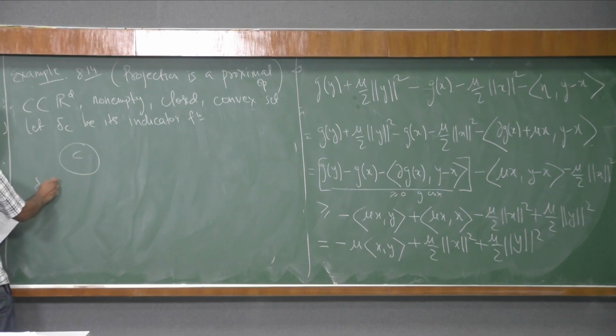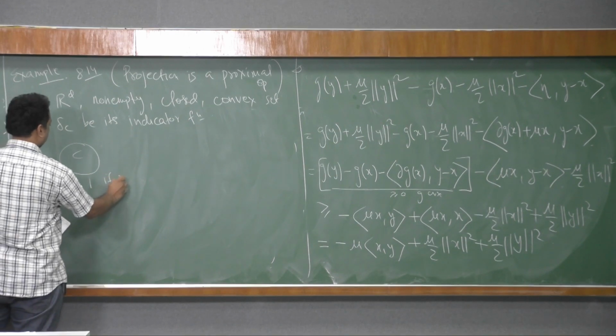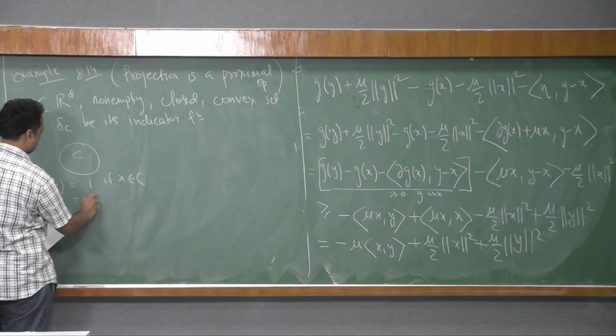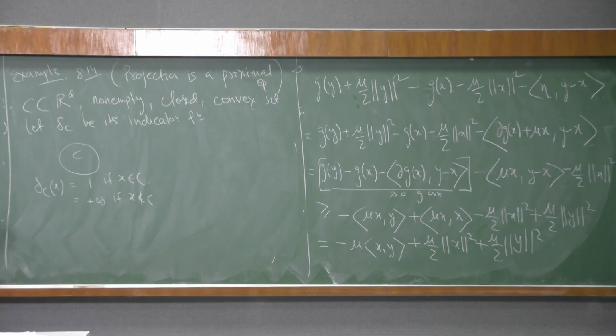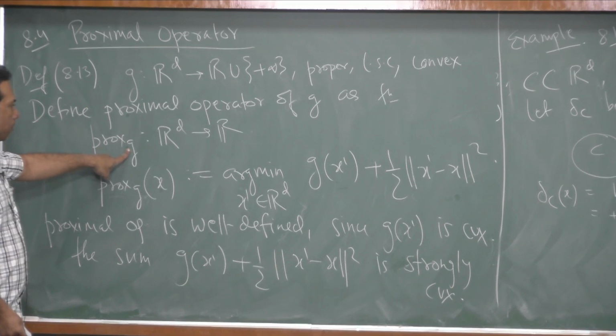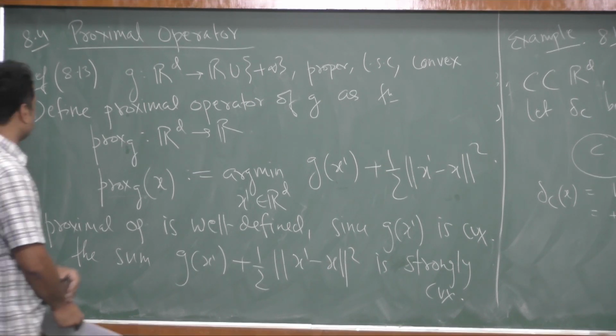So delta C of x is 0 if x is in C, and plus infinity if x is not in C. That's the indicator function. The proximal operator is defined for a function, so in this case we define the proximal for the function g. What would be the proximal of an indicator function?